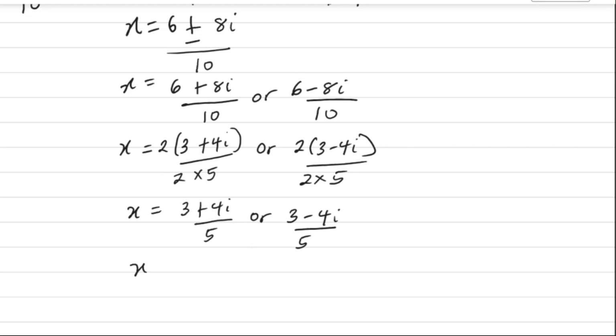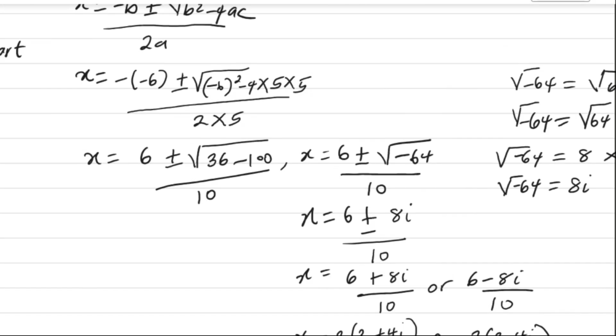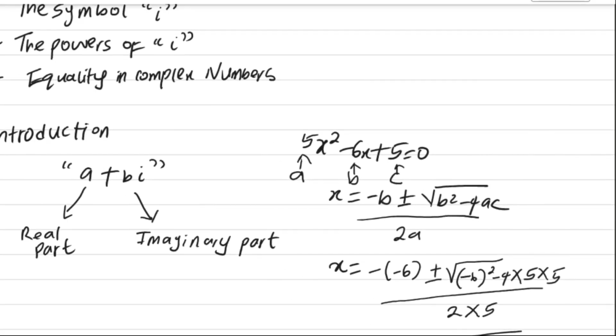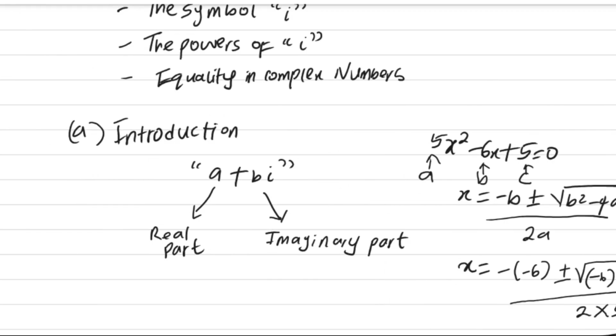So it means our x is 3/5 + (4/5)i, or 3/5 - (4/5)i. So if you relate this back to the introduction, every complex number is going to have a real part and an imaginary part.